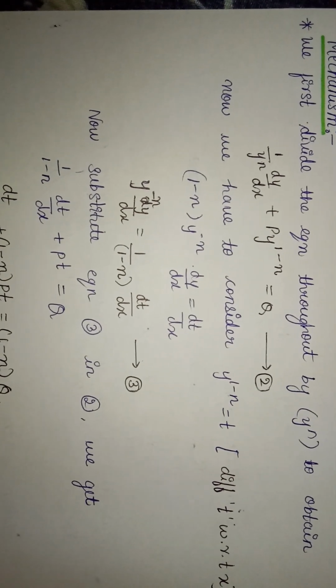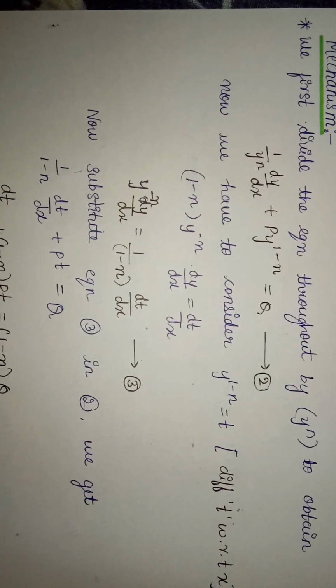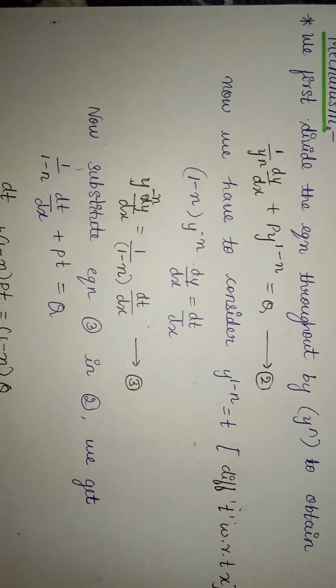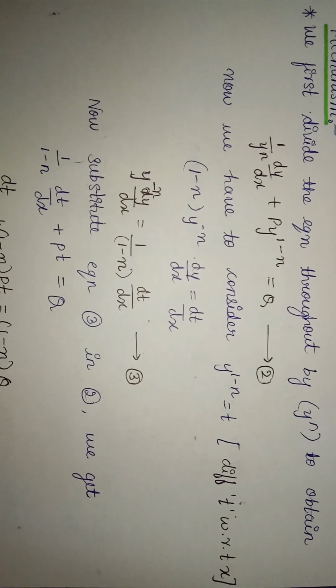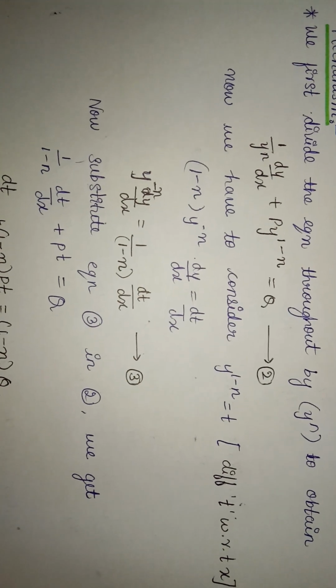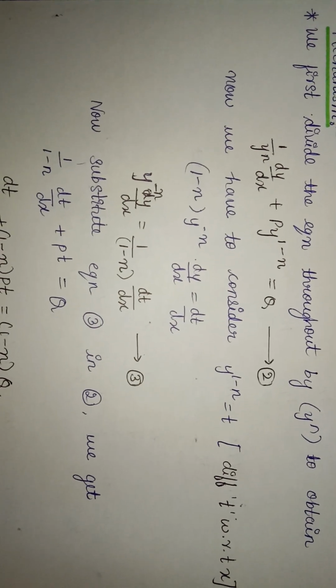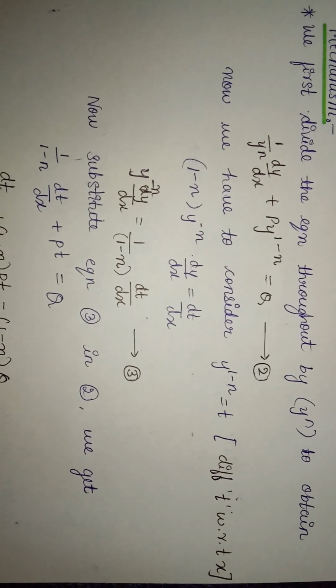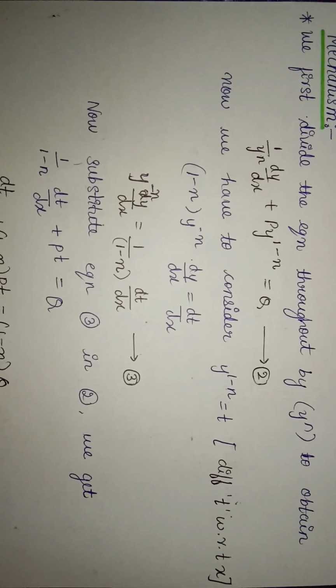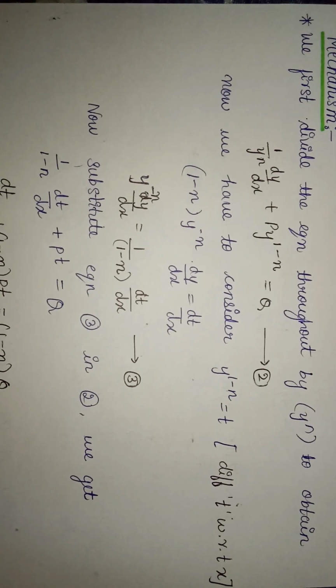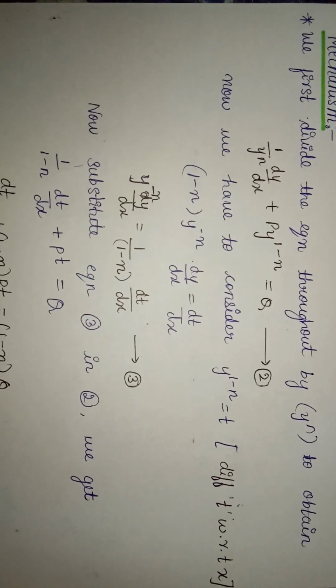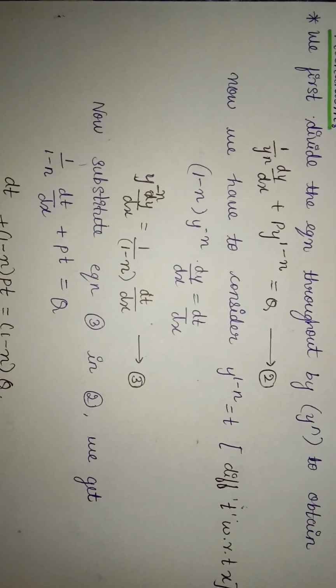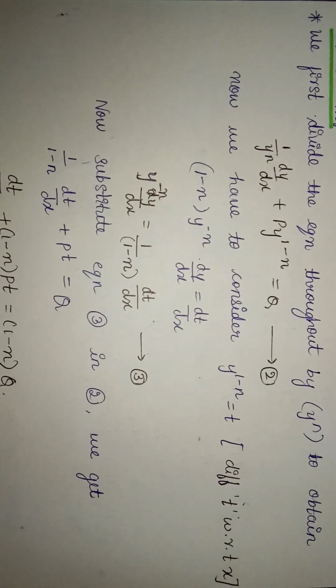Then we get 1 minus n y to the power of minus n into dy by dx equals dt by dx. The extra part other than y to the power of minus n dy by dx we send to the RHS, towards dt by dx. We number this as equation 3.